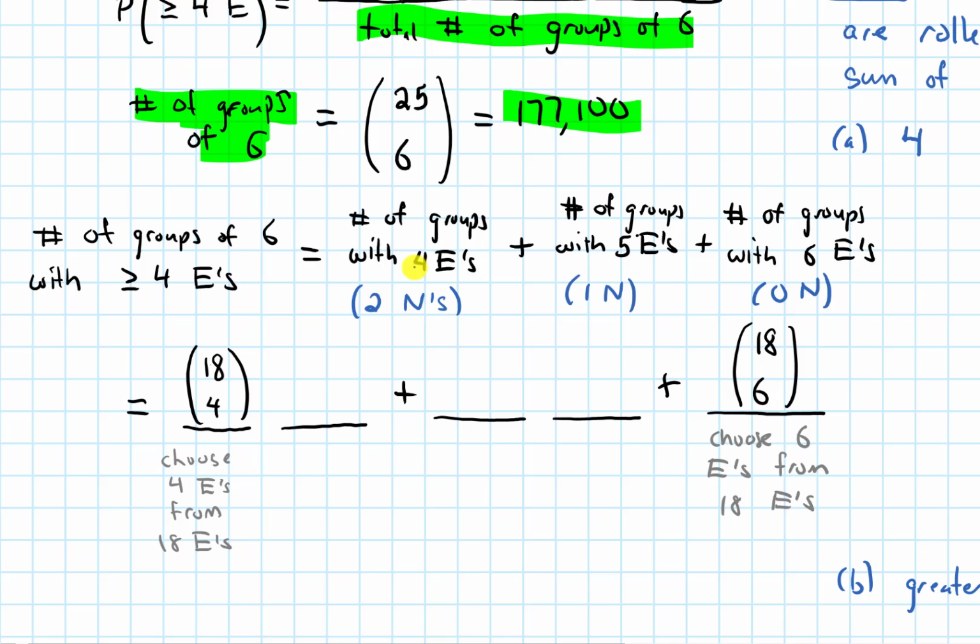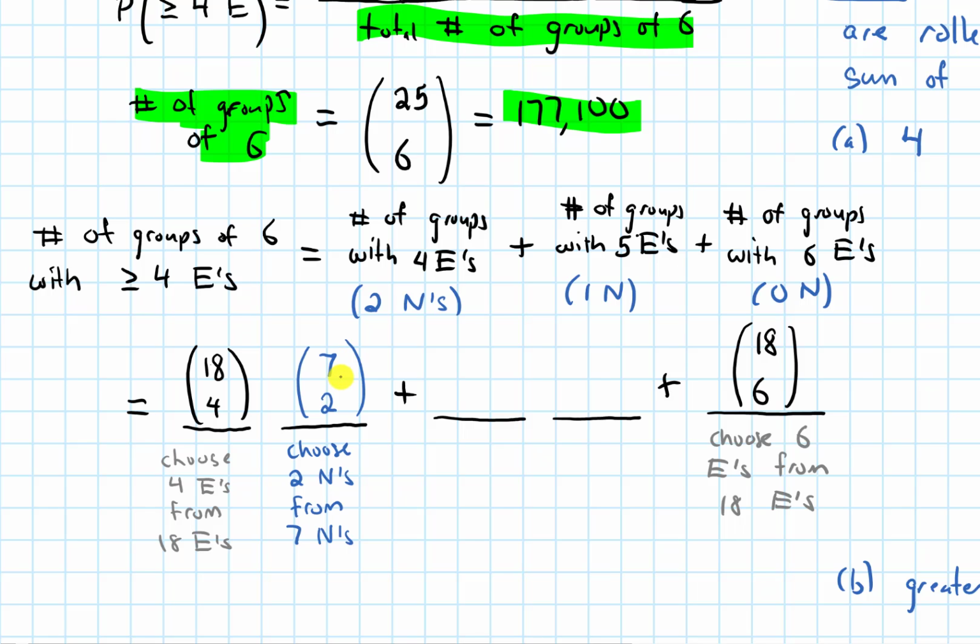Now let's do the new members. Well, we are now choosing 2 new members from, and in the problem it said we had 7 total new members. So I need a combination again, and we are choosing 2 new members from a group of 7 new members.